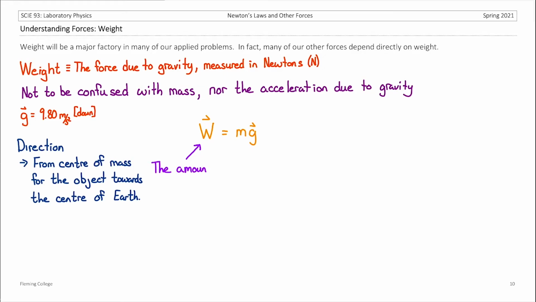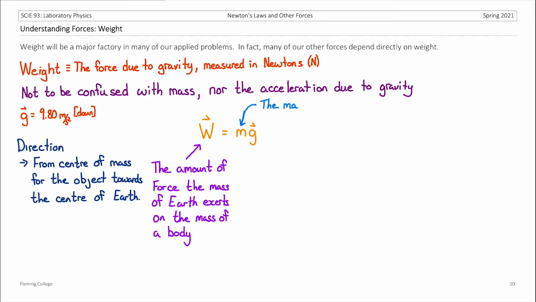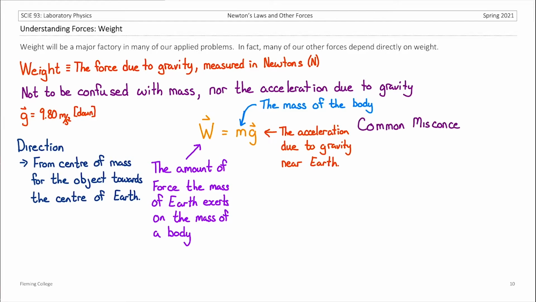So this calculation is set up to tell us the amount of force the mass of Earth exerts on the mass of our body. And to calculate that, we will need to have the mass of the body and the acceleration due to gravity near Earth. So again, we have a common misconception here.